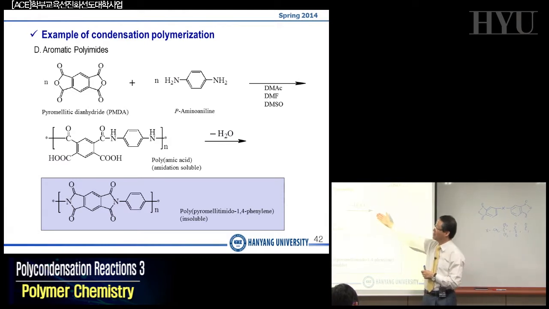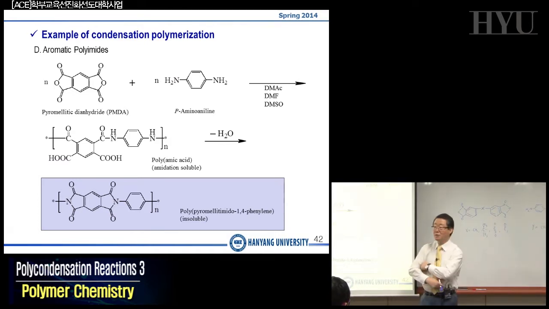Now this is a very typical example, and this is the first polyimide that we have made. What you can make is a two-step reaction. First step is that you react the anhydride and the diamine in solvents such as DMAc, DMSO, or NMP.